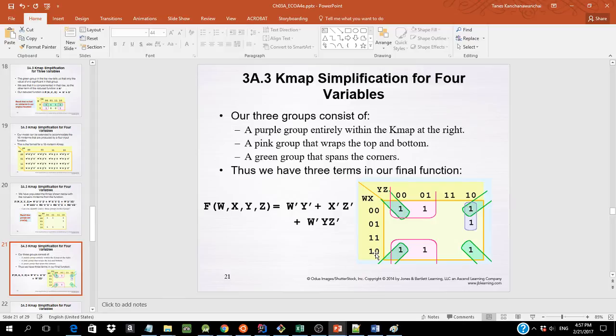Okay, X bar, and then let's look at Y. Is Y the same? Yes, Y bar, right? So this is wrong. It has to be X bar and Y bar, right? See that, right? X bar and Y bar.